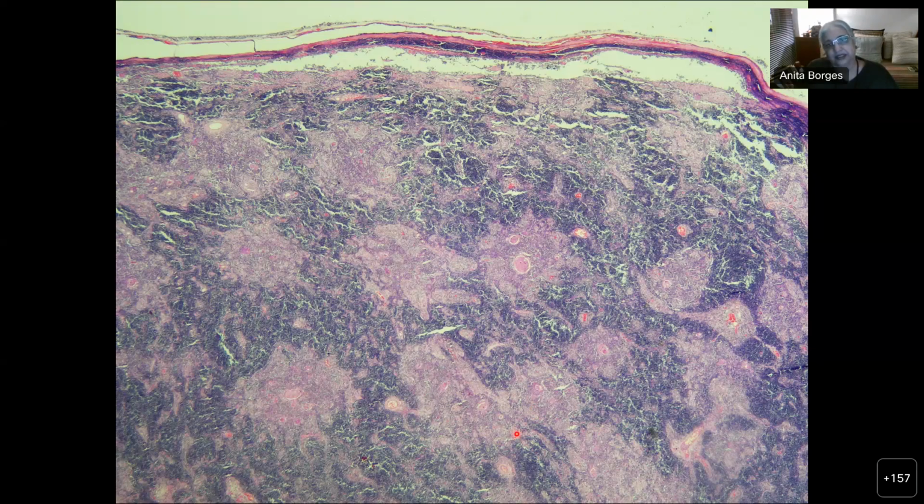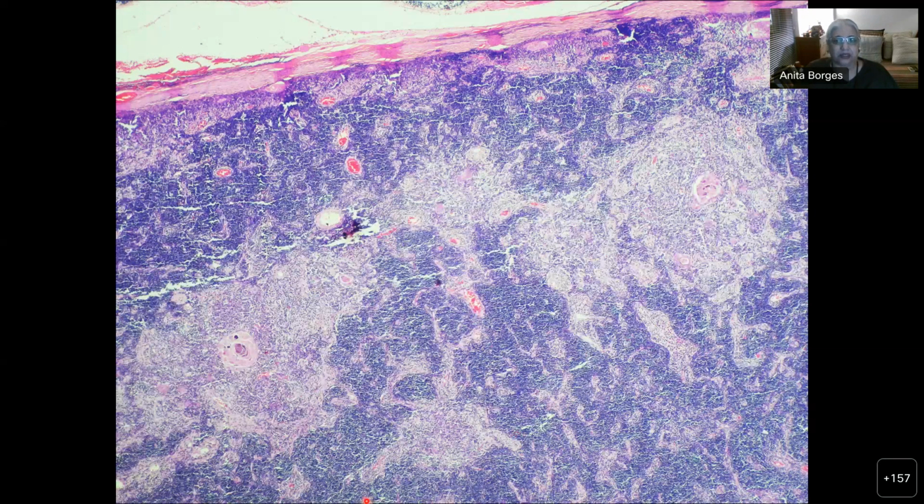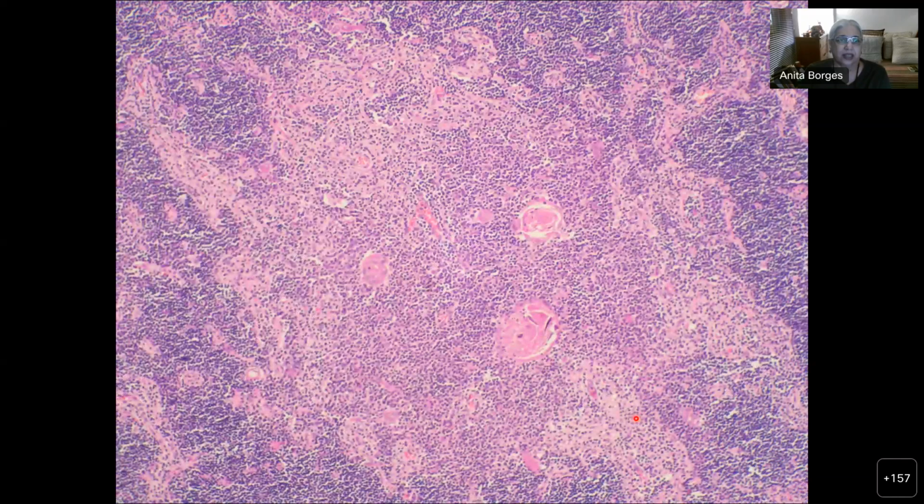Yes? See, you can see that even better over here. Hassall's corpuscles, of course there are lymphocytes over there, but they are more widely spaced. And here the lymphocytes are, and everywhere you see these vascular structures. Yeah, that's the Hassall's corpuscles.